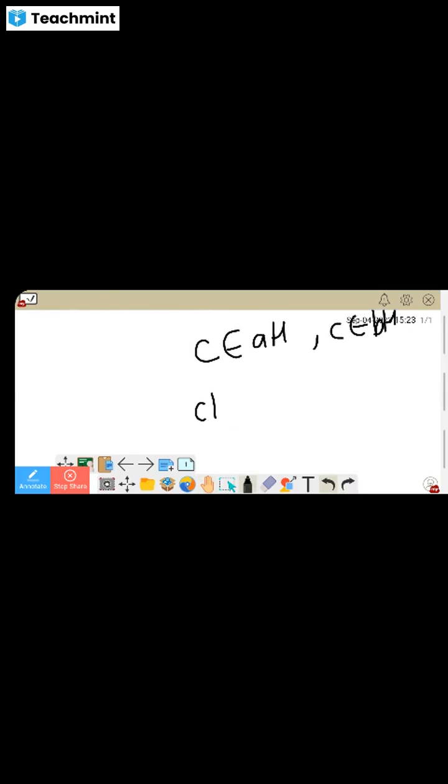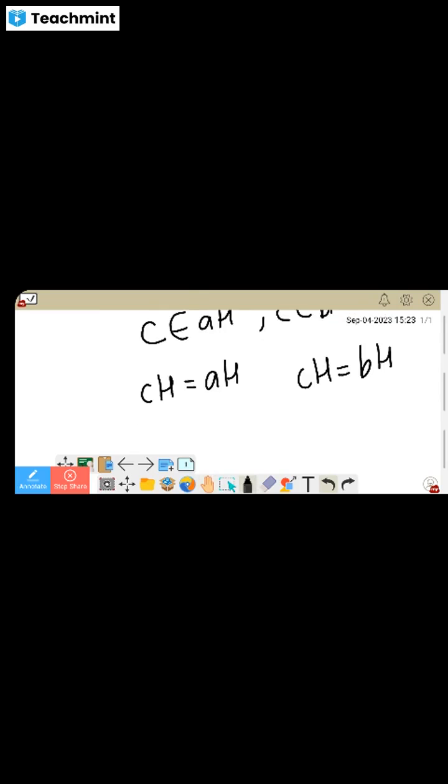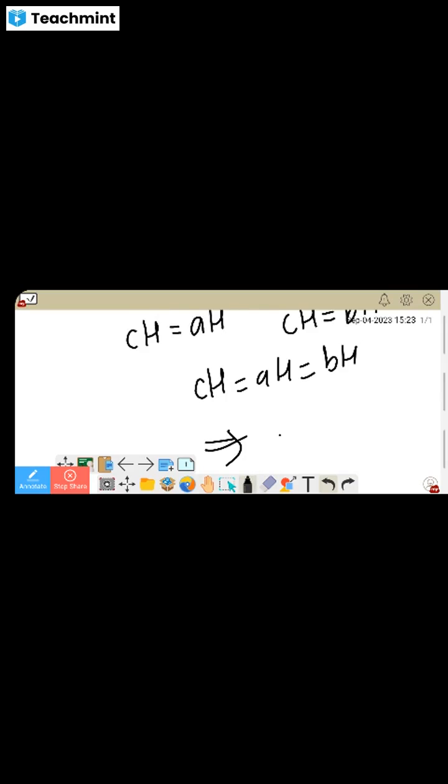Or CH is equal to AH or CH is equal to BH, which gives CH is equal to AH is equal to BH, which gives AH is equal to BH.